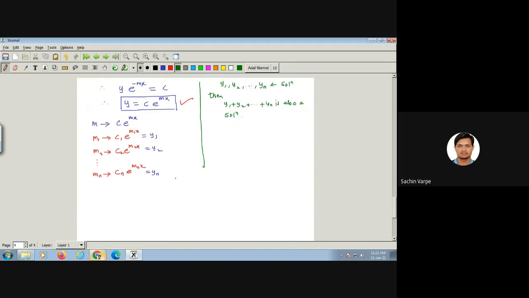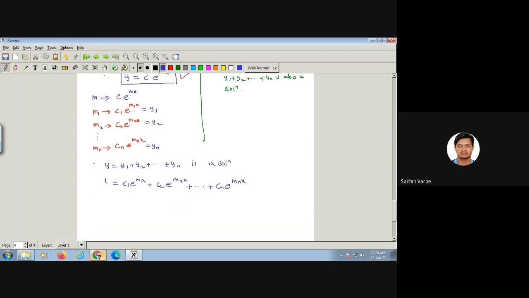So with this, what can we write? The solution is therefore y is equal to, whose solution is this? The homogeneous differential equation's. Therefore y is equal to y1 plus y2 plus and so on yn is a solution. Let us substitute the values of y1, y2, yn. That is c1 e to the power m1x plus c2 e to the power m2x plus and so on cn e to the power mnx.